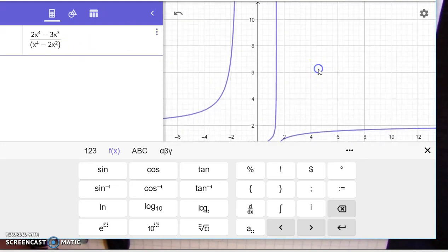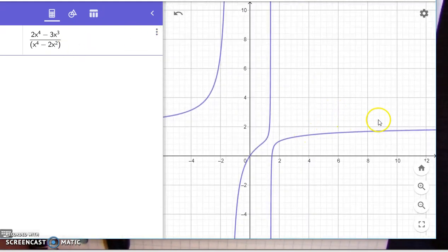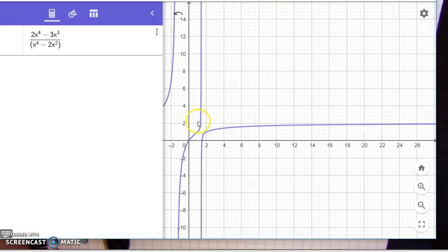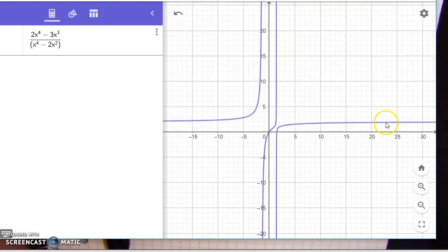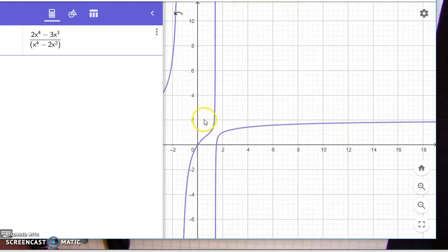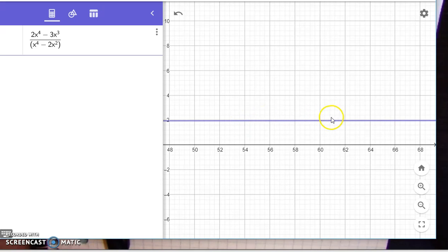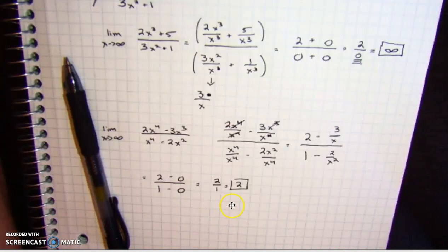Clicking on this and zooming out, there's 2 right there. As you can see, at least graphically, there's a funky little dip there, but regardless of that, it looks like 2 is where it converges. And it's never going to pass 2. We can be sure of that because of the calculation that we did right here.